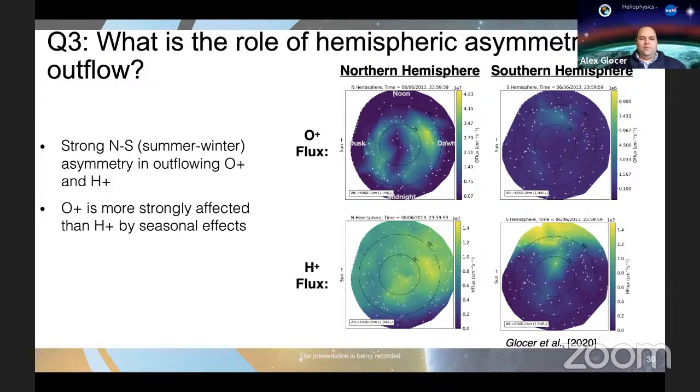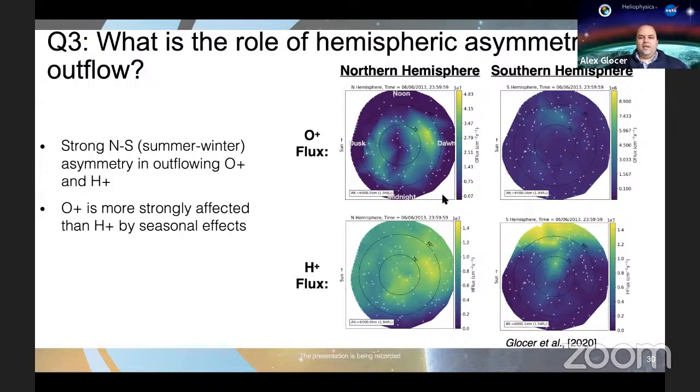For this event, we have significant seasonal asymmetry: a northern summer condition and a southern winter condition. So we have asymmetric conditions of illumination. What we find then is that we get stronger O+ flux and stronger H+ flux in the northern hemisphere, and weaker O+ flux and weaker H+ flux in the southern hemisphere.